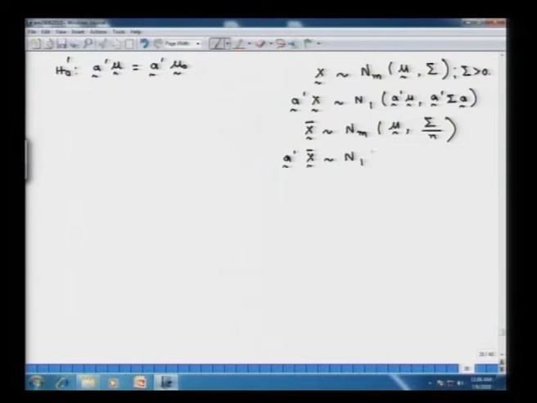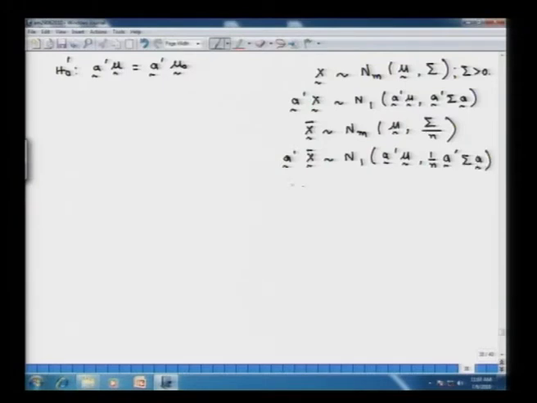So, this also is a univariate normal random variable with mean A prime mu, the same as this one, and variance 1 upon n A prime sigma A, right.